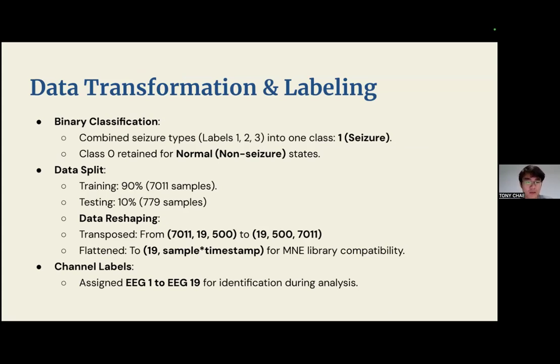We split into training and test data at a 90% to 10% ratio, and we transformed the 7,011 data samples with 19 EEG channels and 500 timestamps, which is a 1 second window size, into 19 channels by 500 by 7,011, flattened to make it usable for MNE library compatibility. And there are 19 channels total. Next slide, please.